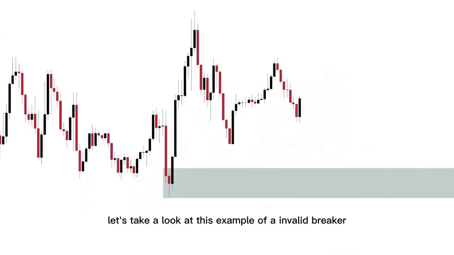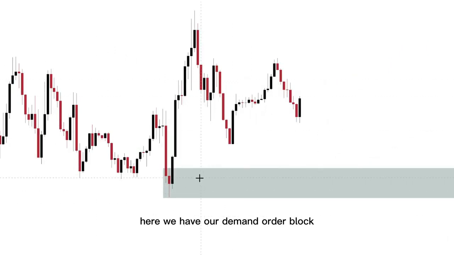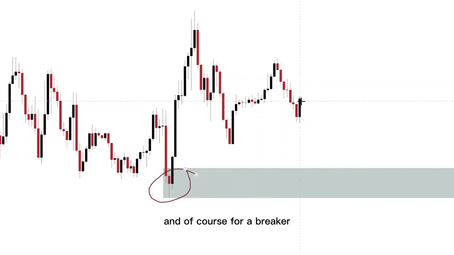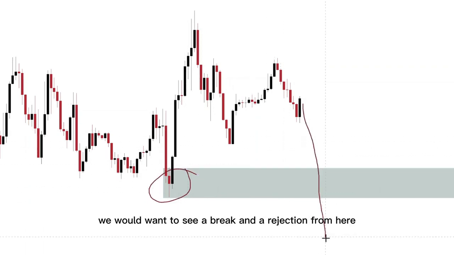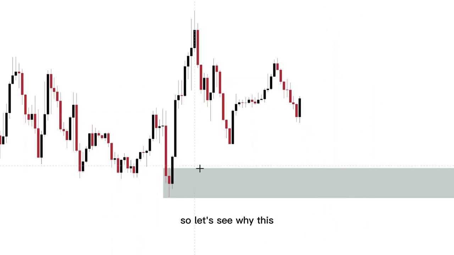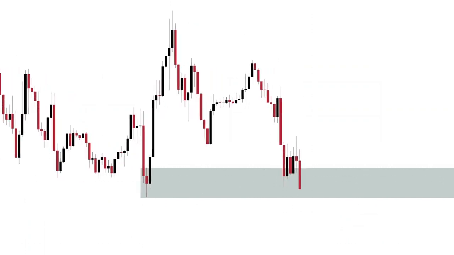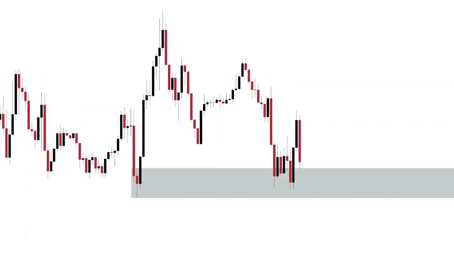Let's take a look at this example of an invalid breaker. So first of all, here we have our demand order block, which is our buy order block. And of course, for a breaker, we would want to see a break and a rejection from here and for price to continue lower. So let's see why this specific example is an invalid breaker. And the clue here is the rejection.